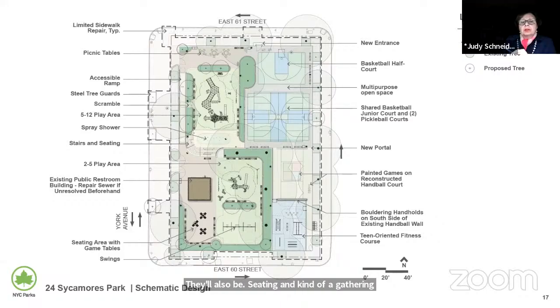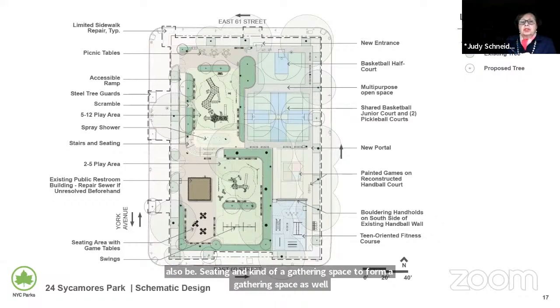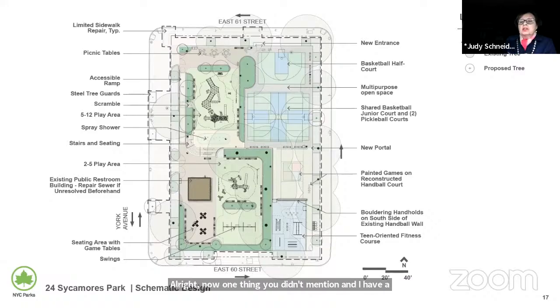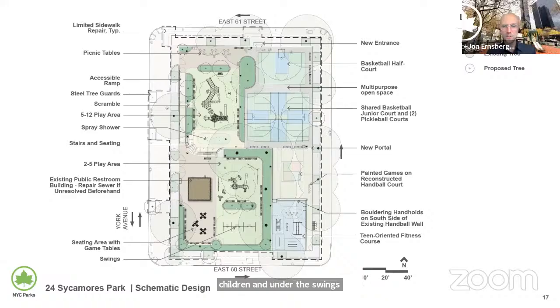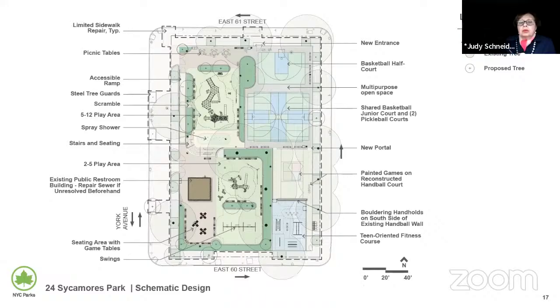All right. Now, one thing you didn't mention, and I have a particular place in mind, is the rubber matting. I assume it's under all the climbing equipment for the children and under the swings. It is, and it's also under the teen-oriented fitness course. What are we referring to now?